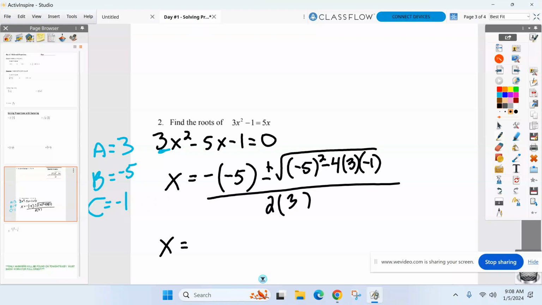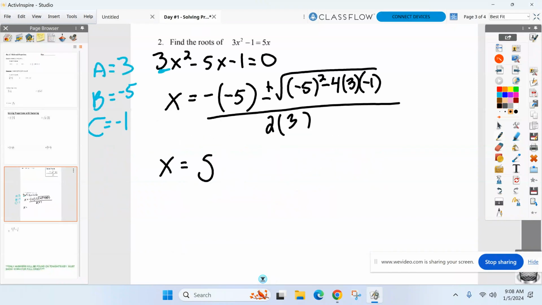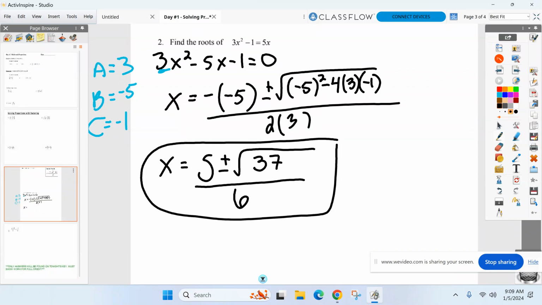And don't forget your plus or minus at the end. 5 plus or minus square root of 37 all over 6.